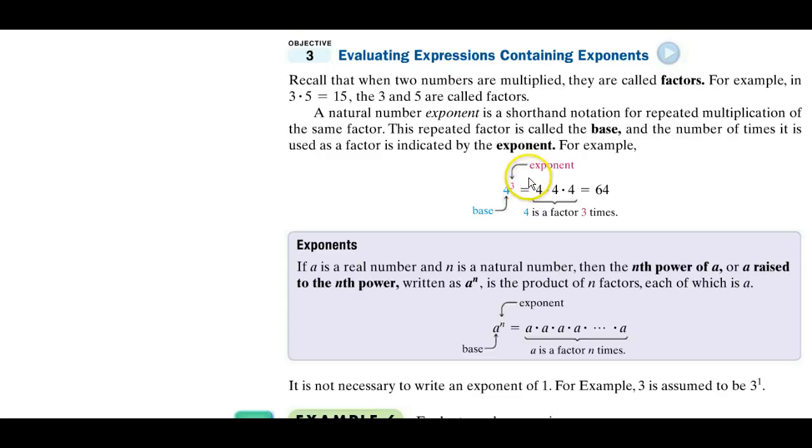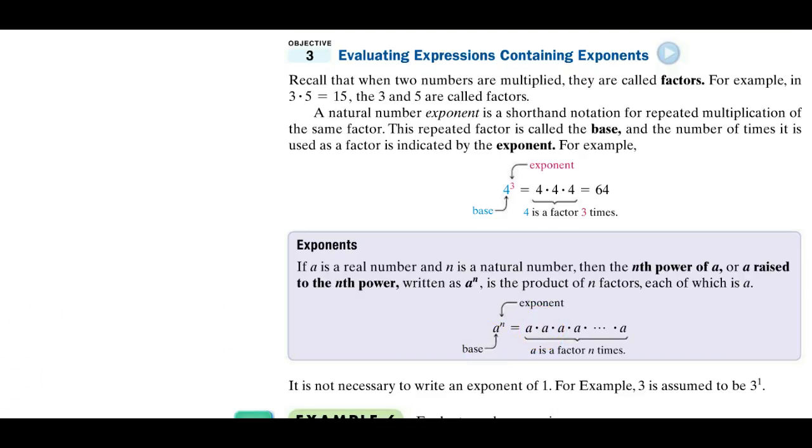The 3 is the exponent, and the 4 is the base, the number of times that factor is multiplied by itself. And then, of course, simplified is 64. So it gives us then a definition. A is our base, n is our exponent, and it's to that many times that you multiply your base.